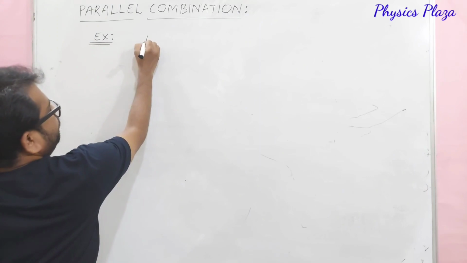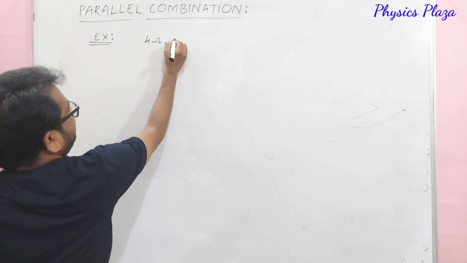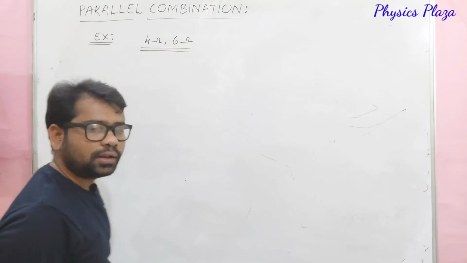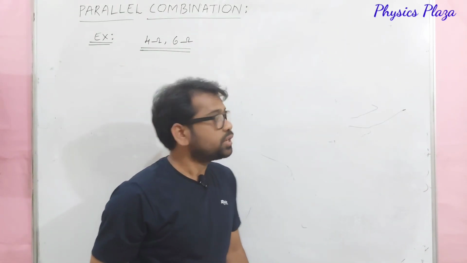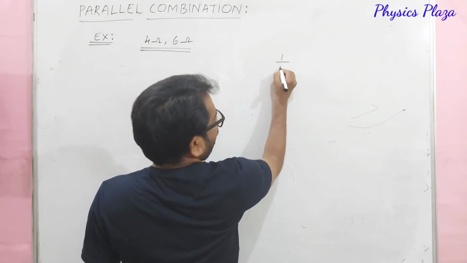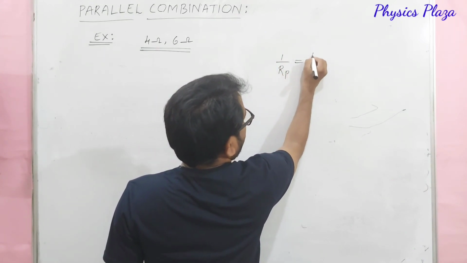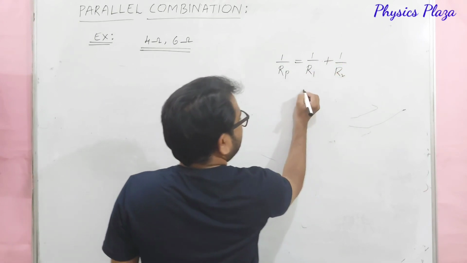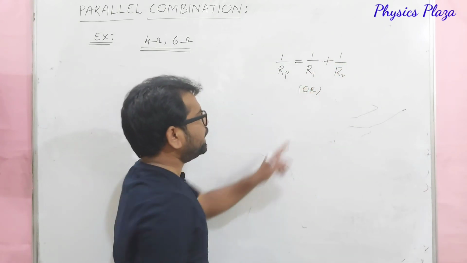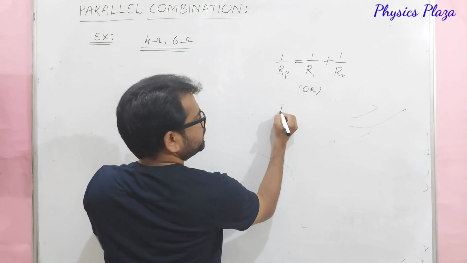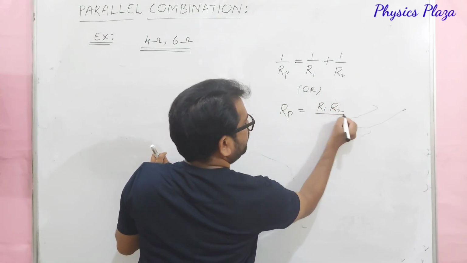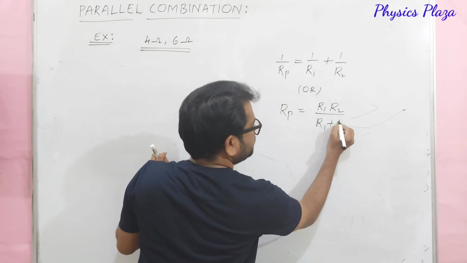So dear children, here 4 ohm, 6 ohm, both resistors are connected in parallel. Then what is the resultant resistance? So children, we got 1 by Rp is equal to 1 by R1 plus 1 by R2. If you take LCM, this we can also write as Rp is equal to R1 R2 by R1 plus R2.